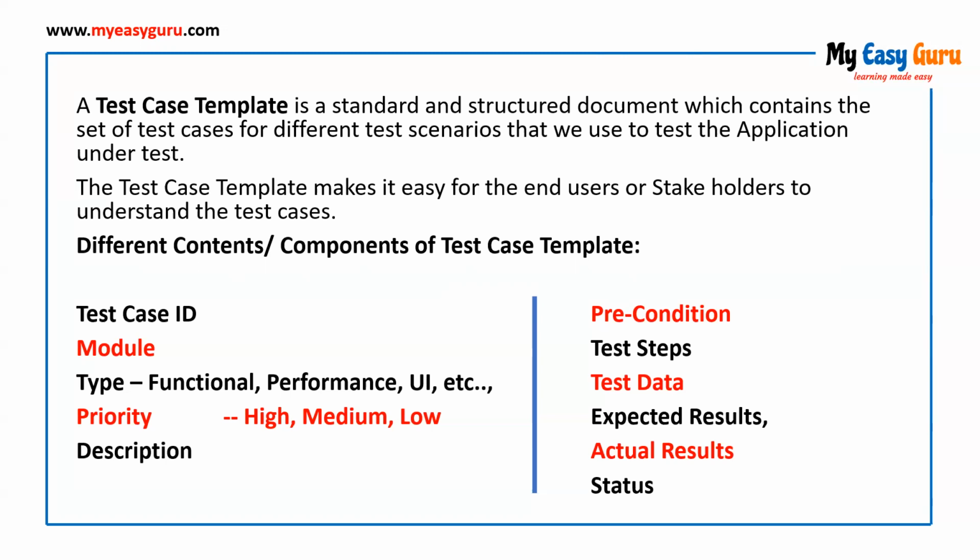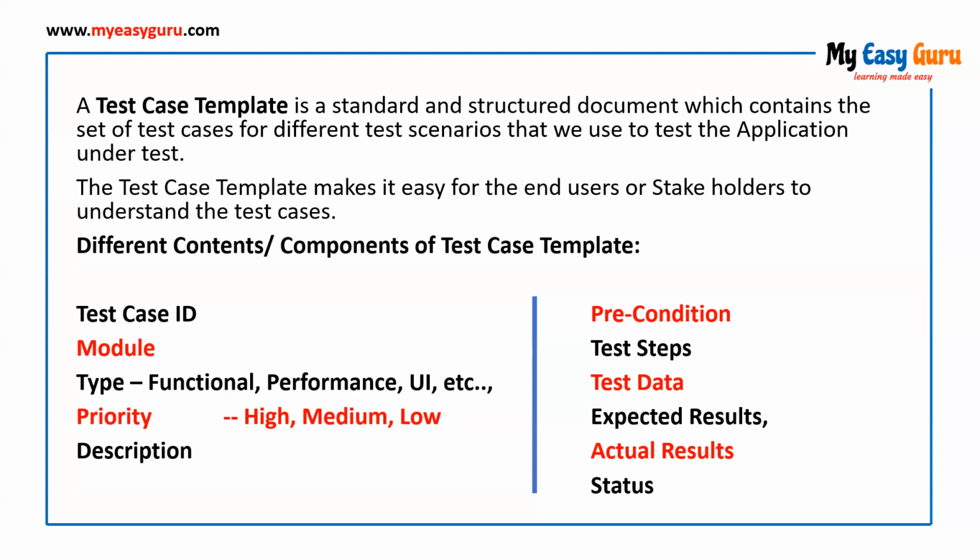Let's understand what are the different contents and components of the test case template. So the first one is test case ID. You have to mention the test case ID, that is 1, 2, 3, and so on. Then there is module. Then there is type: functional, performance, UI, etc. Then you have to mention the priority.